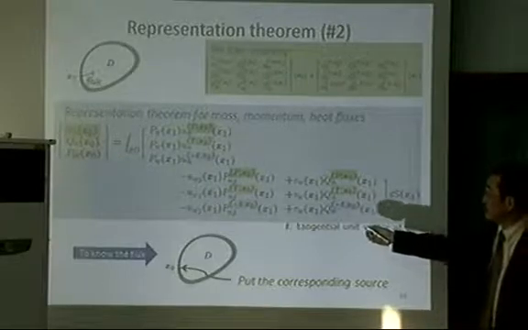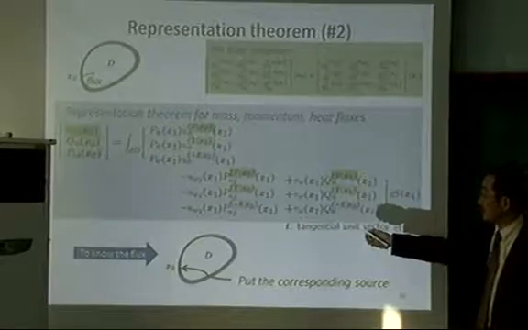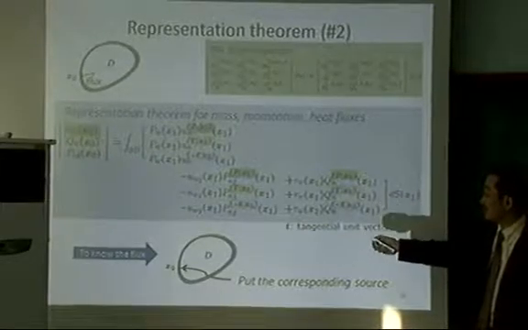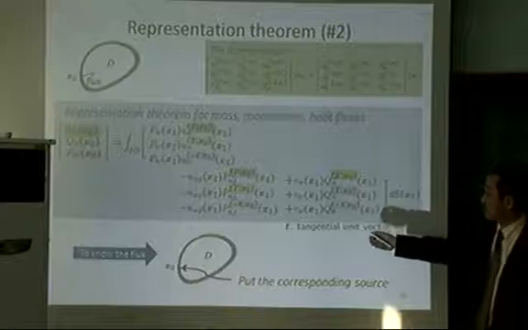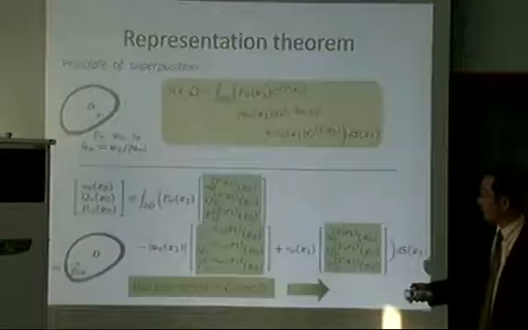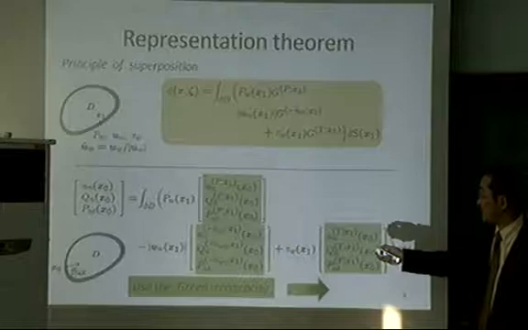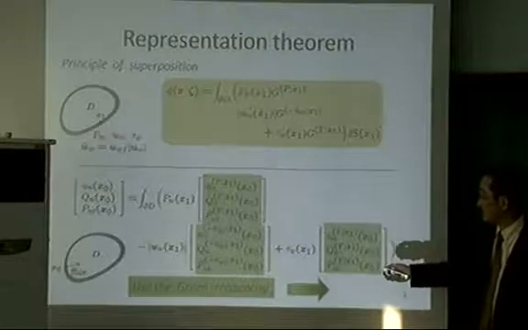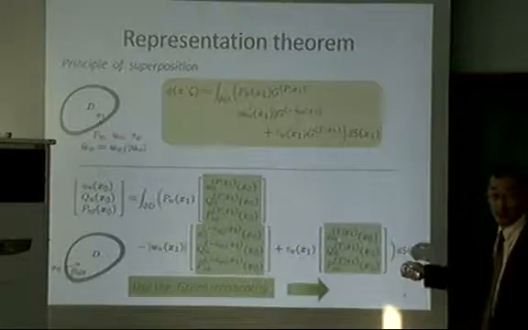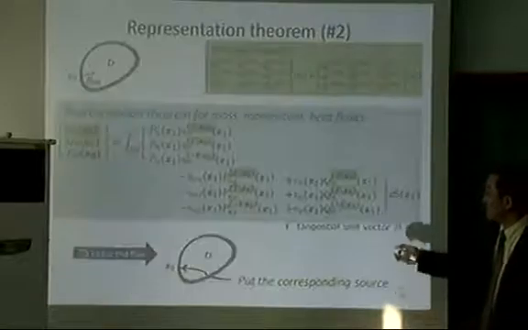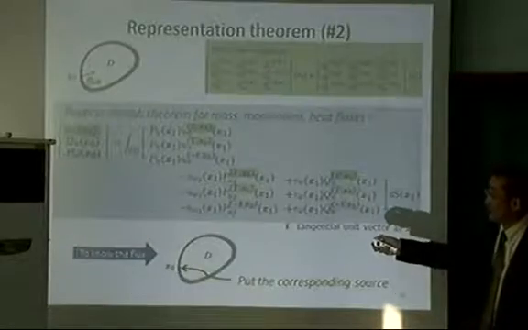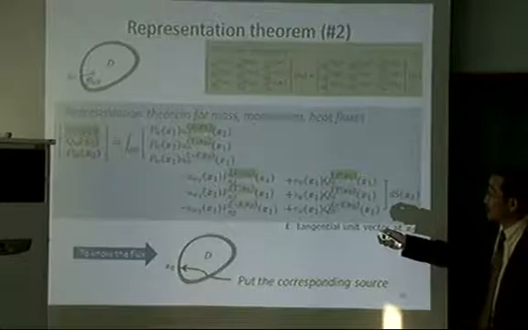So please see here, the source term is common in these three forms. Before it was not. Before, the type of the source term was different. But by using the reciprocity, now you have the expression by using the same source.